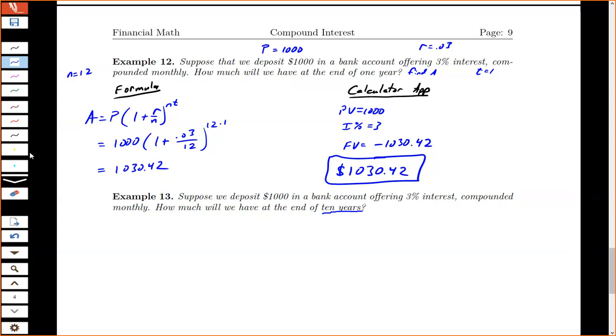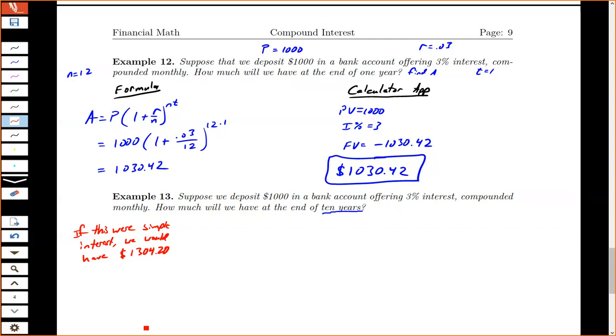So if this were simple interest, we would collect at the end of 10 years $1,304.20. I'm just putting that there as sort of a reference.